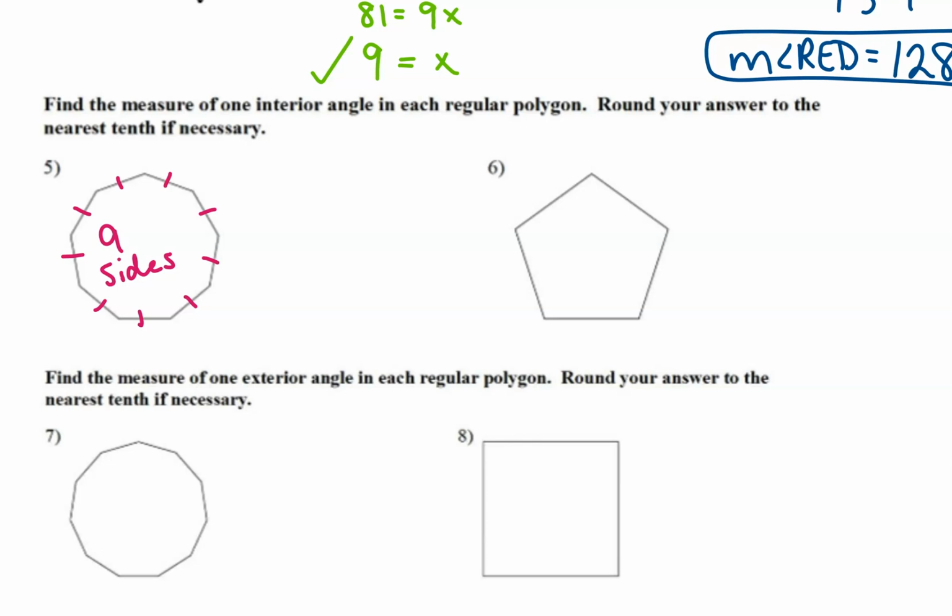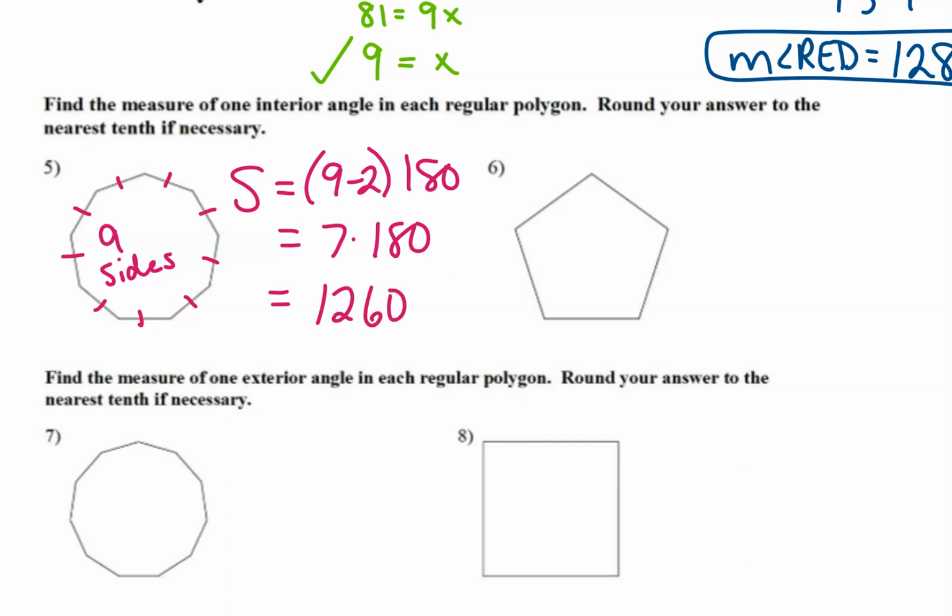So if we want to find the sum of all those interior angles, we're going to do n minus 2, and n was 9, so 9 minus 2. And multiply that times 180. So 7 times 180. Has anyone calculated that? 1,260 degrees.